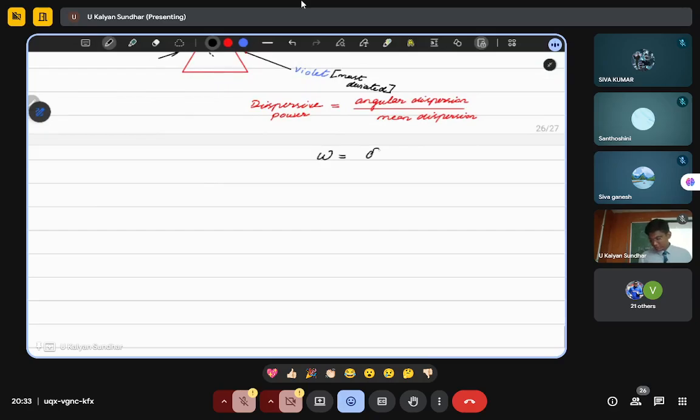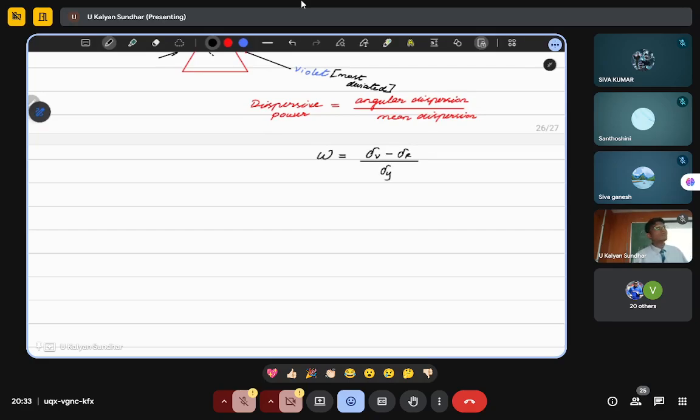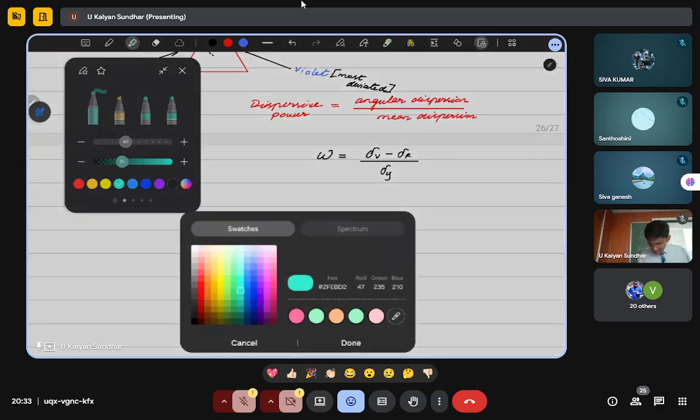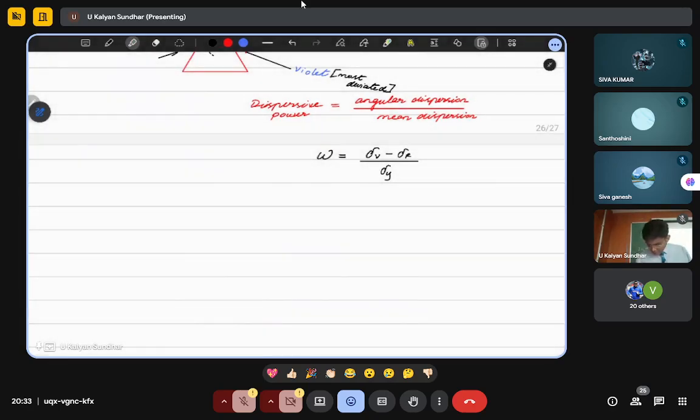Omega will be equal to the angular dispersion, which we all know is del r, divided by the mean deviation. Not exactly the half of it, because all colors do not deviate by equal angles. For the mean deviation, the important color is yellow. So this yellow is your mean deviation for the spectrum of white light. So this we call the dispersive power.